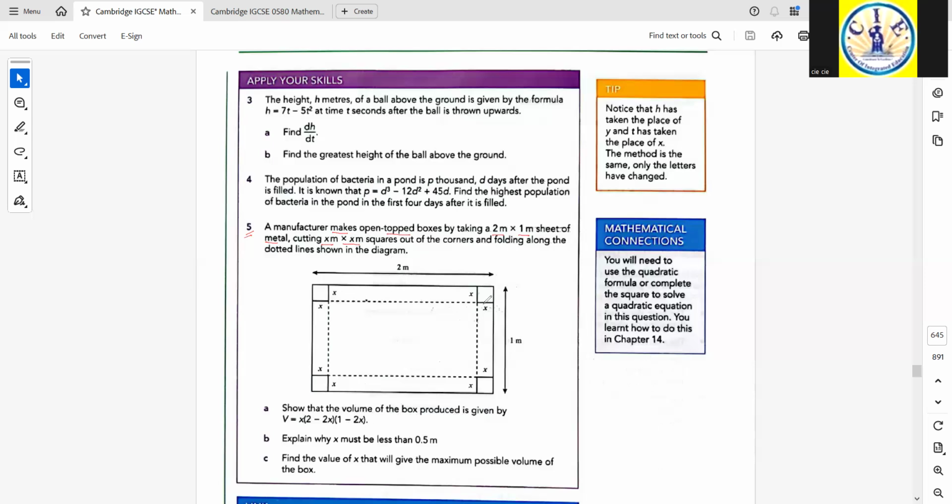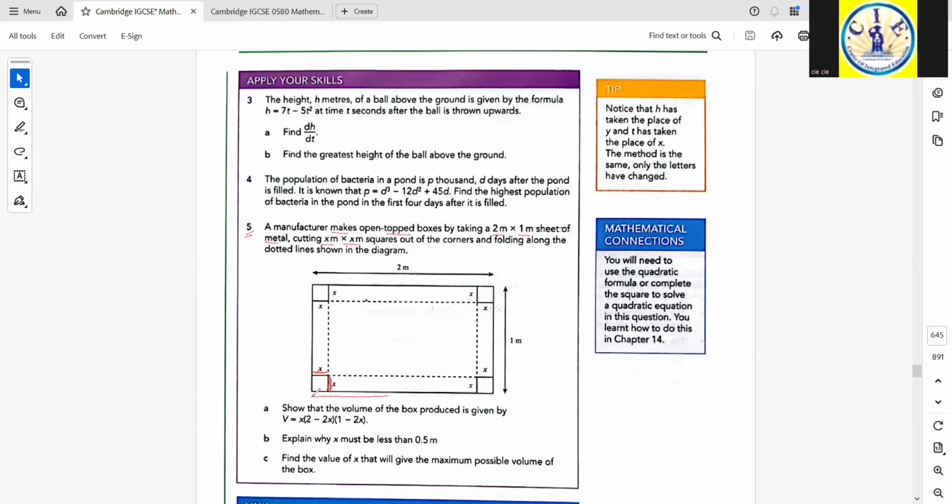When the box is going to be made like this, its height is going to be this x. When this is folded, this would serve as the height of the box.